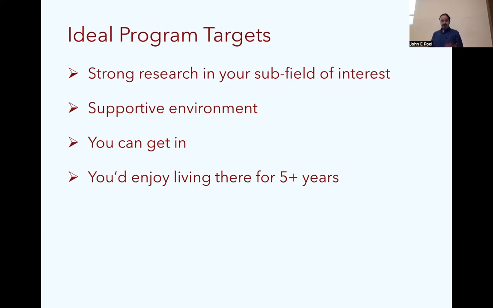So, big picture, these would be great things. I'll say a little bit about how you might find the programs that merit applying to, but I want to first emphasize what I would say not to do.